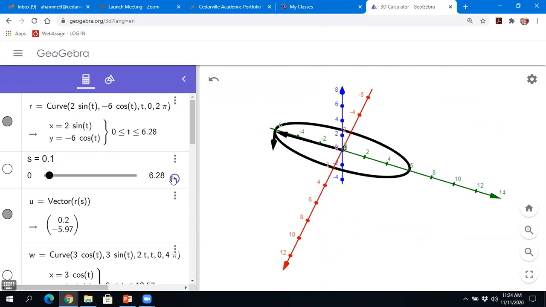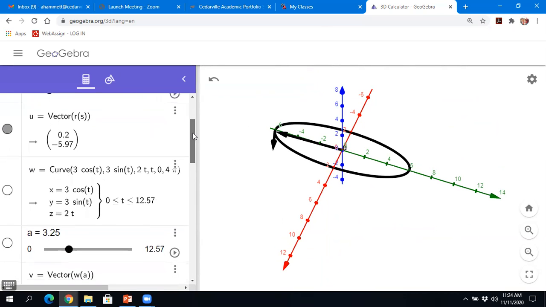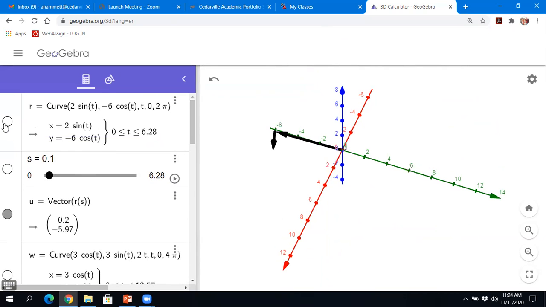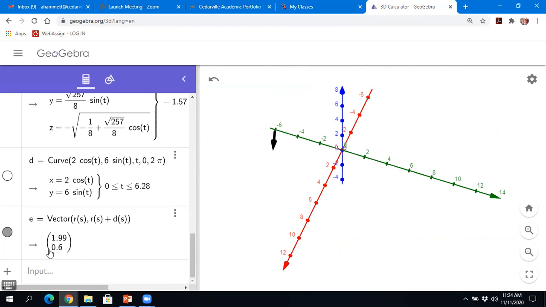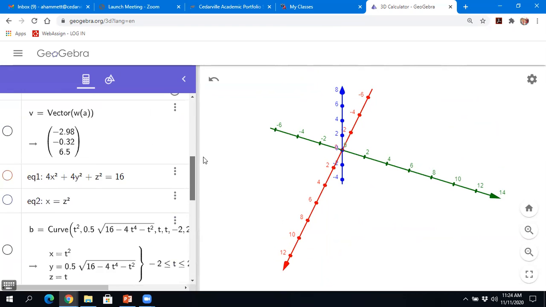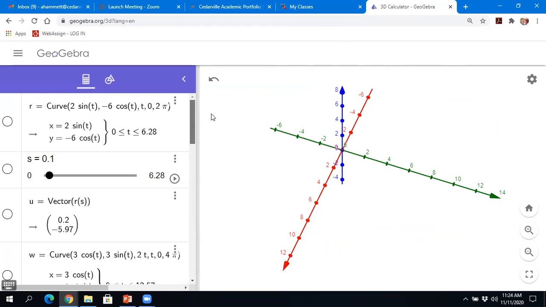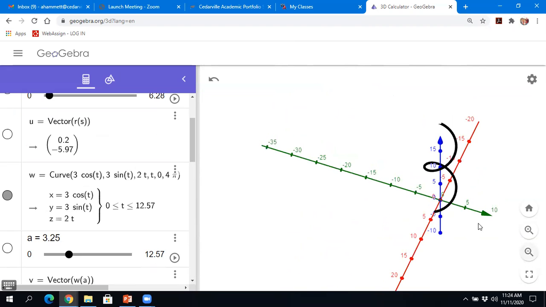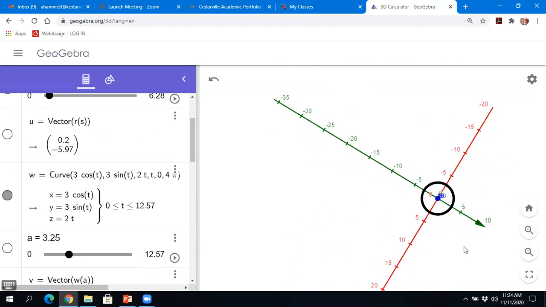And let's look at this other one. Remember, it was 3 cos t, 3 sine t, 2t. So I'm going to get rid of some of these, and we'll play around with this a little bit. Okay. So 3 cos t, 3 sine t, t. Remember this? This gave us this spiral staircase thing that was going on.